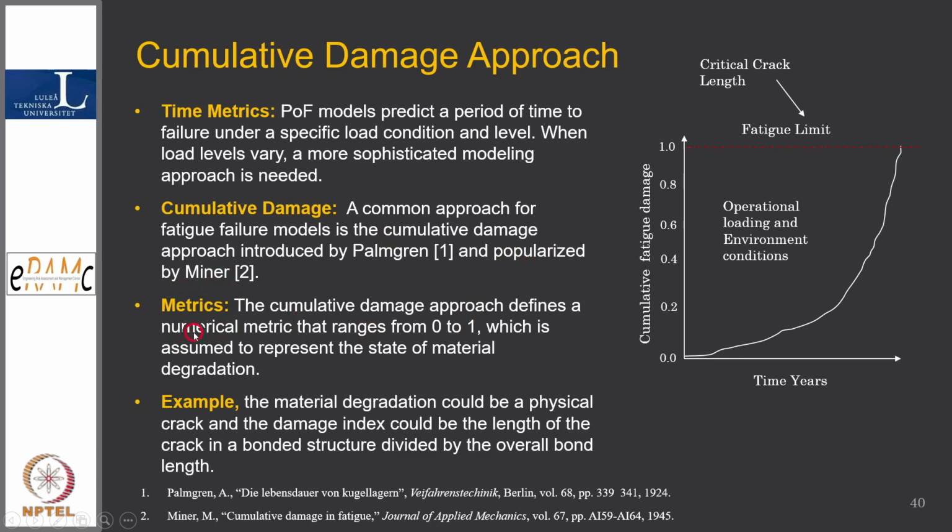He introduced this approach and it was popularized by Miner. Okay. Now, the metric is the cumulative damage metric, defined as follows because now we are talking about cycles. It ranges from 0 to 1, which is assumed to represent the state of material degradation.